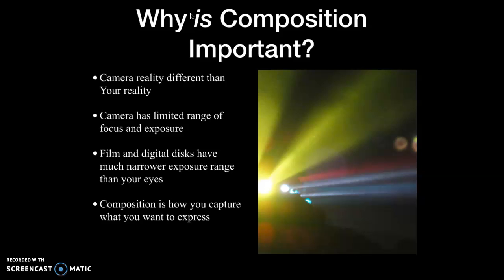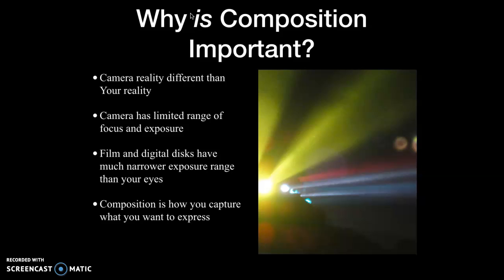Cameras are this piece of technology with varying degrees of capabilities, and so our job as photographers is to translate this physical reality into this non-physical, this digital image. This works a little bit differently when it comes to film photography, but we're in a digital photography class, and mostly you're going to be working with digital components in the future anyways, so that's why the focus on digital photography.